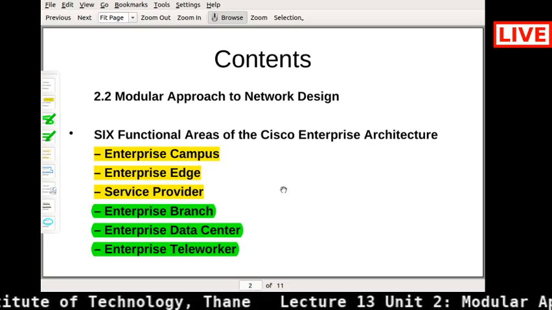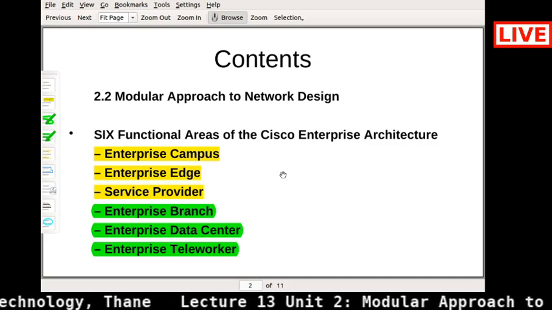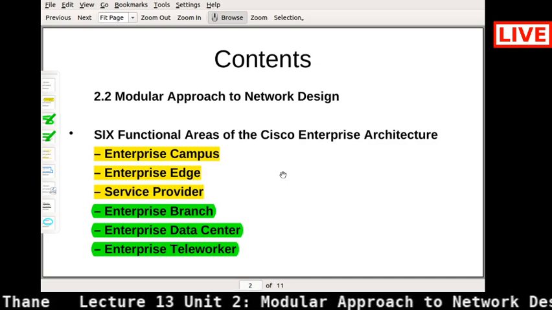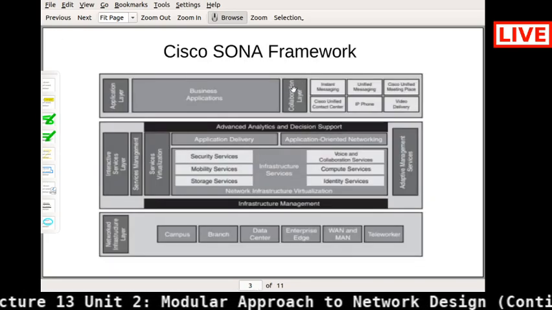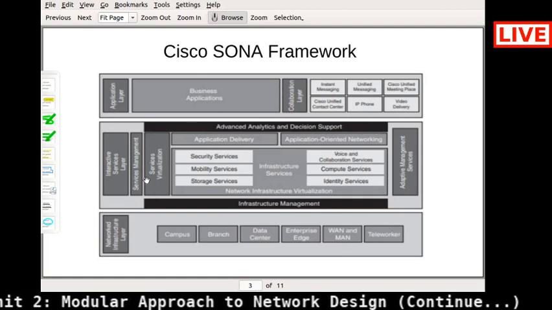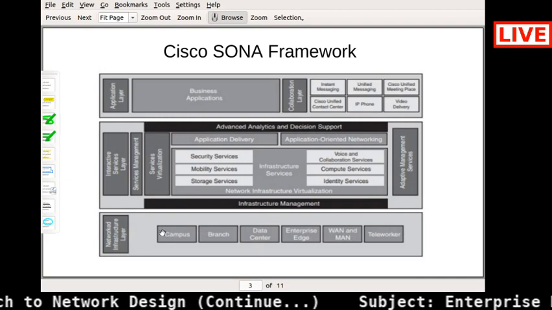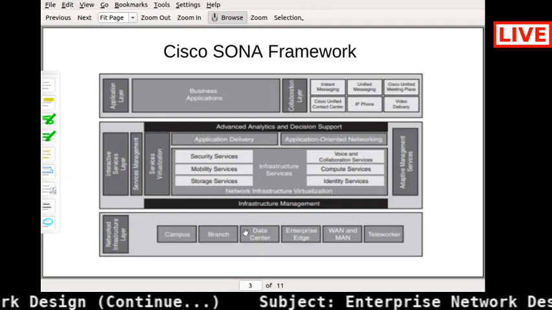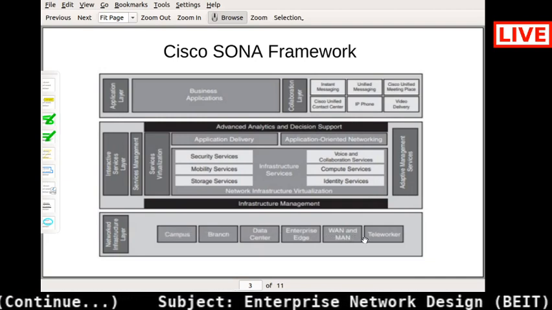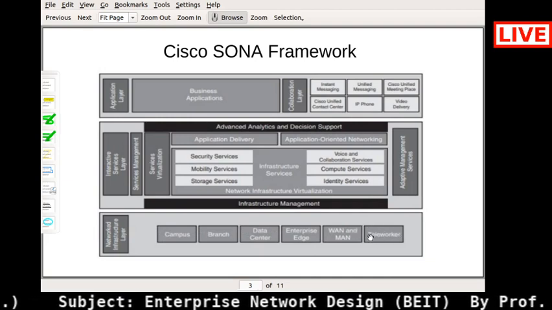Let us revise a few slides from the last lecture. In the Cisco SONA framework, the network infrastructure layer contains all six modules: campus, branch, data center, enterprise edge, WAN and MAN, and the teleworker, right?